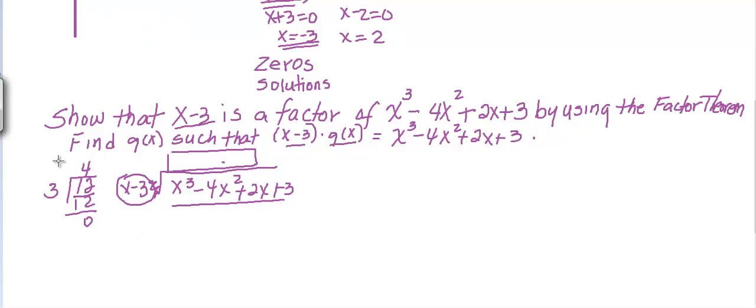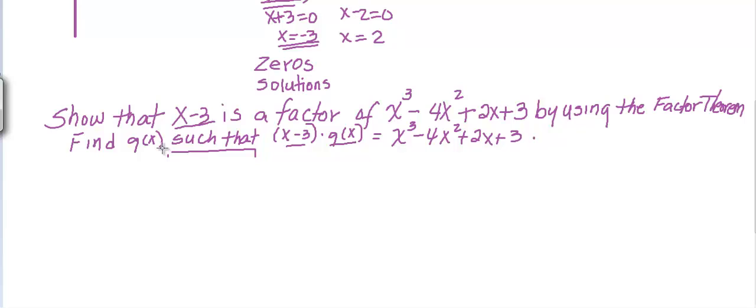Let me erase some of this. Okay. So now that you understand what you have to do, let's do it. Show that x minus 3 is a factor. How do we know when something is a factor of something? When the remainder is 0, then I know it's a factor.